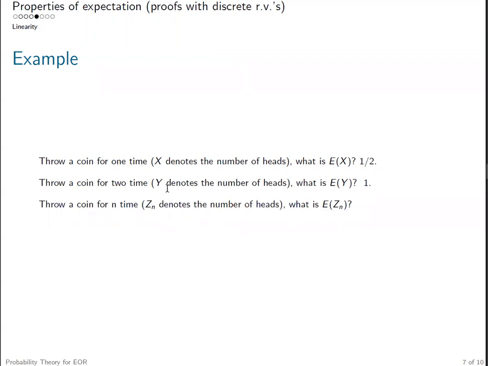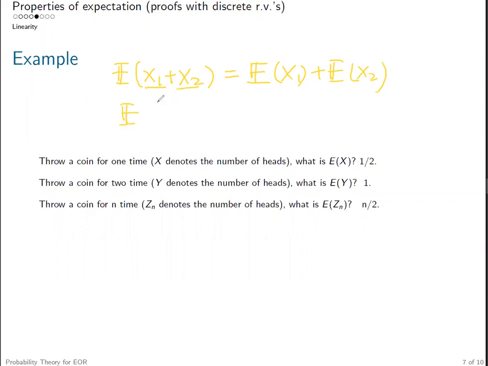That's going to be n times half, n over 2, right? So this is a simple example to illustrate the case that if we have a random variable x, and here is throw for 1 time, throw for 2 times, then it should be equal to E[X1] plus E[X2], right?